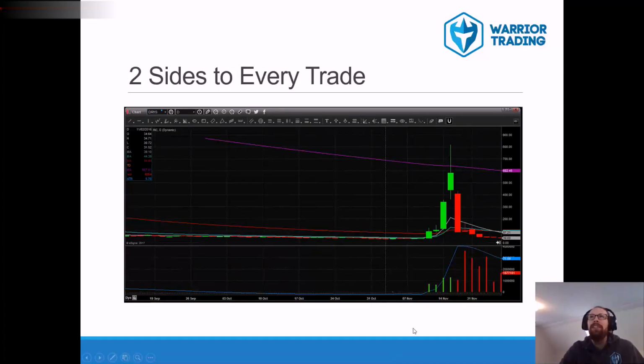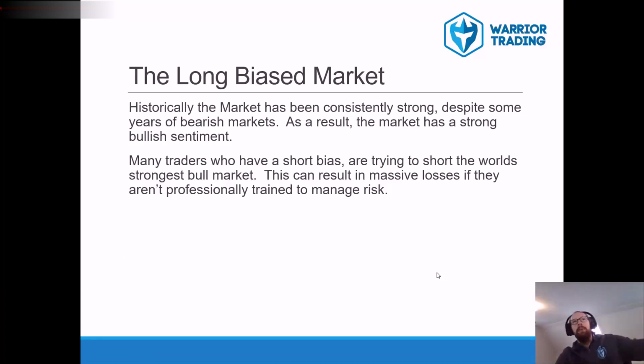All right, now this is the DRYS chart. And just reminding you that there are incredible opportunities on both sides. Whether you're long bias or short bias, there are opportunities. Having said that, I'm a long bias trader. Historically, the market has been consistently strong. Despite some years of bearish markets, the market overall has been very, very strong.